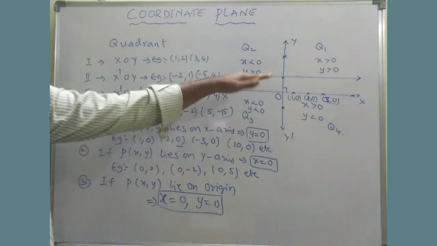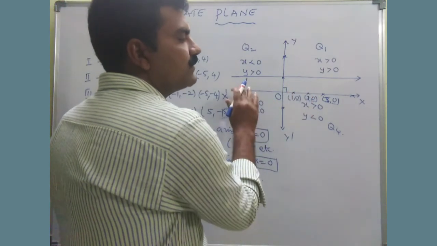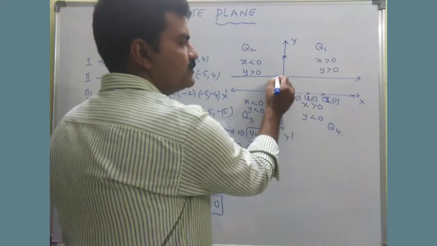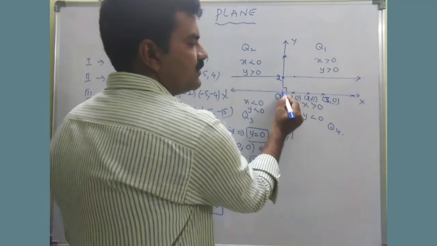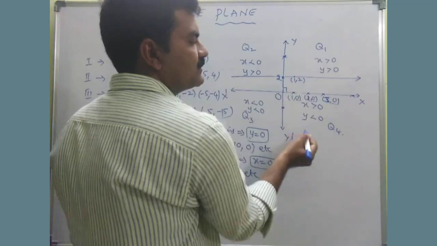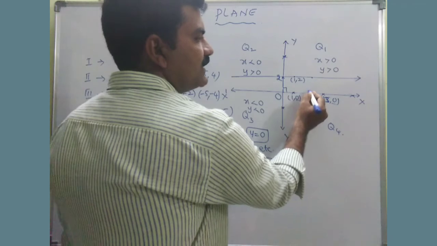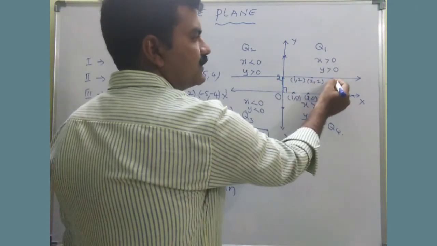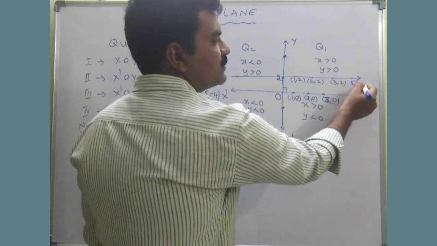Now if you see a line which is parallel to the x-axis, then the y coordinate of all these points, suppose this is at a distance of 2 units, then this point has x coordinate 1 and y coordinate 2, so 1, 2, and this is 2, 2, and this is maybe 3, 2, and this is maybe 5, 2.